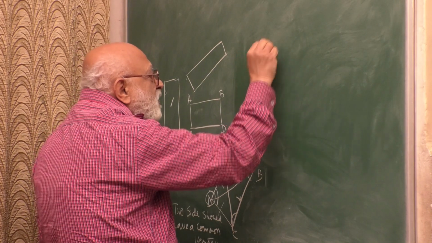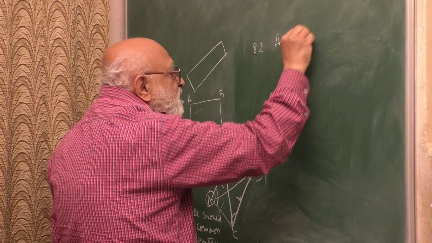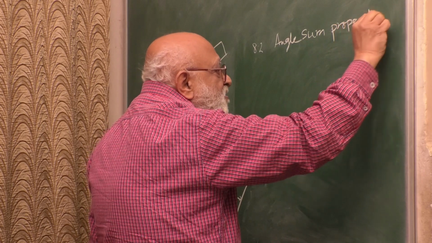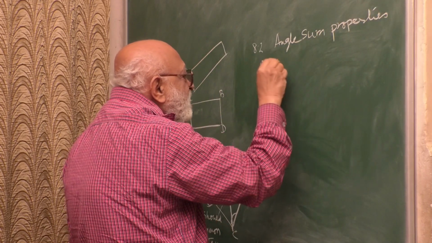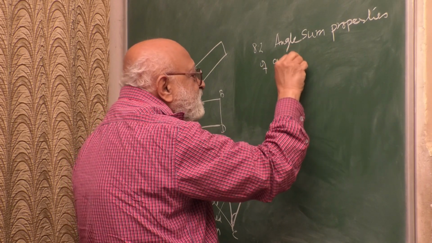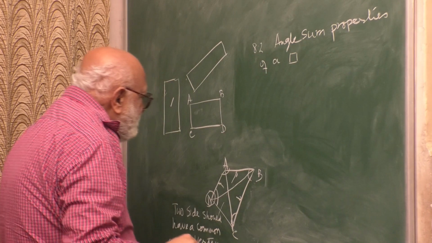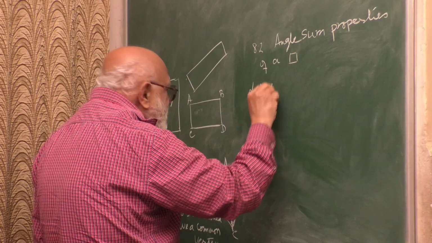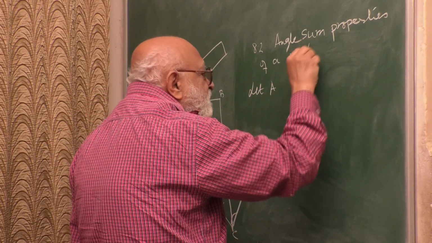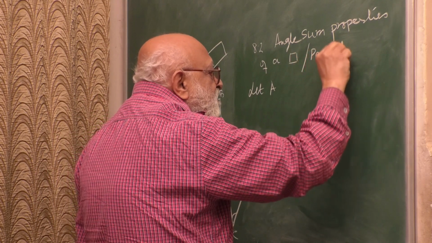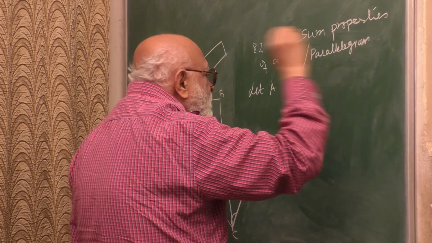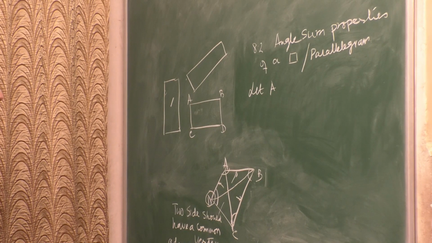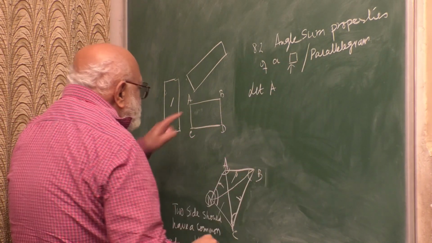So this is 8.2, angle sum properties of a quadrilateral. Let us take a quadrilateral.